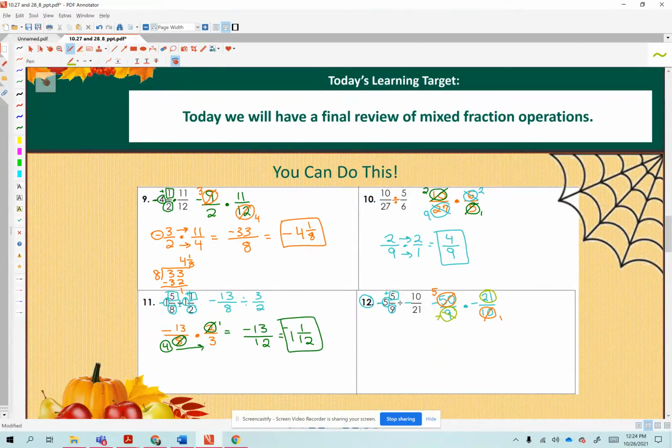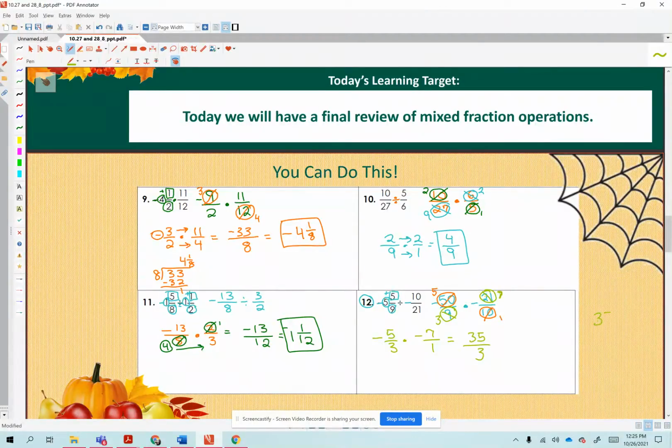So 9 divided by 3 is 3, and 21 divided by 3 is 7. Now I can rewrite these fractions as negative 5 over 3 times negative 7 over 1. And when I multiply negative 5 times negative 7, I have a positive 35, and 3 times 1 is 3.